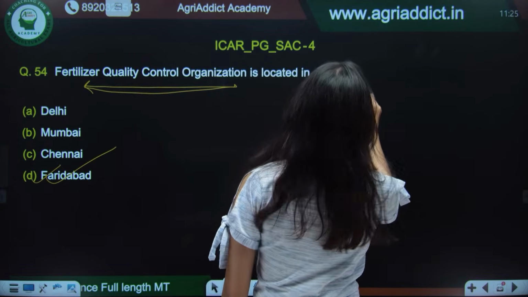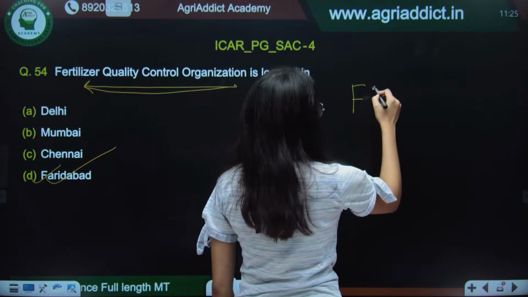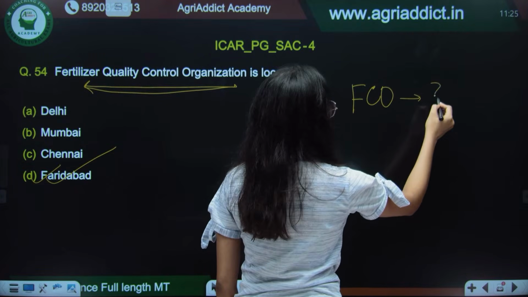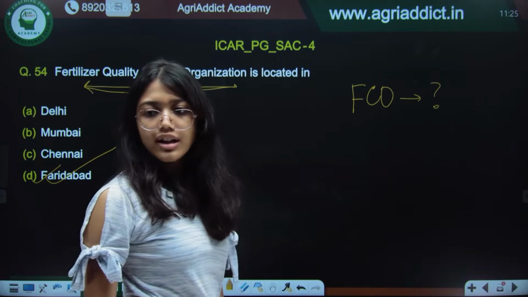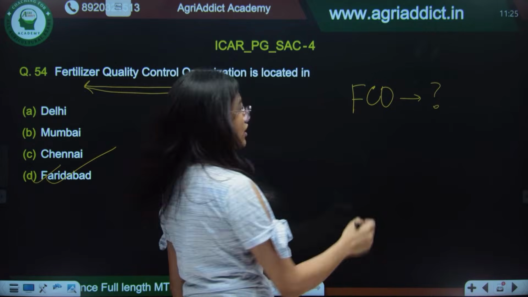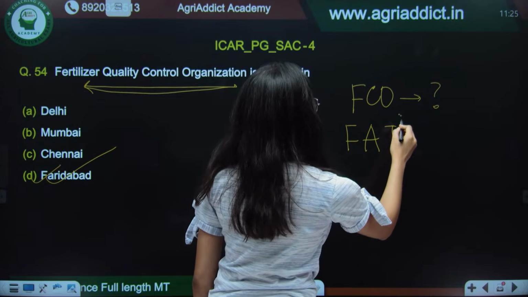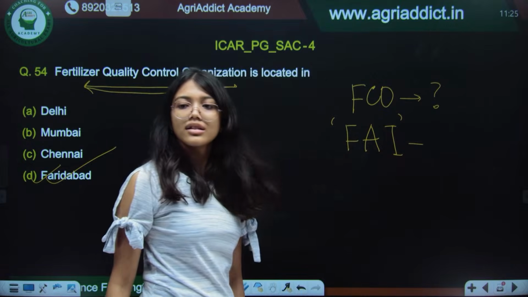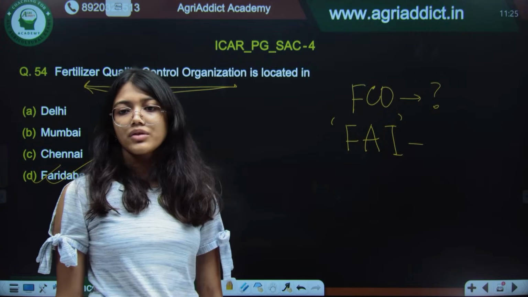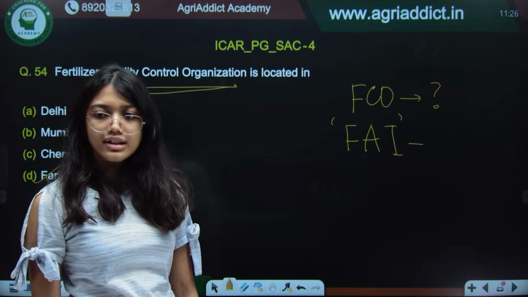Direct statement question now. We have the Fertilizer Control Order. Which year did it come in? And we have another organization, the Fertilizer Association of India. Fertilizer Control Order came in which year? I want to see the comments.